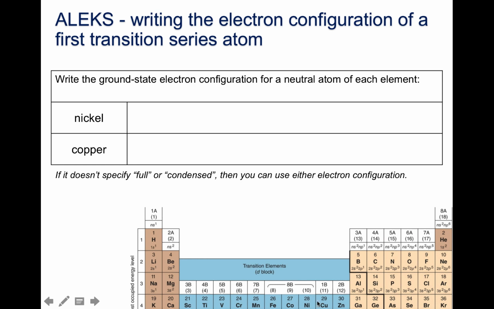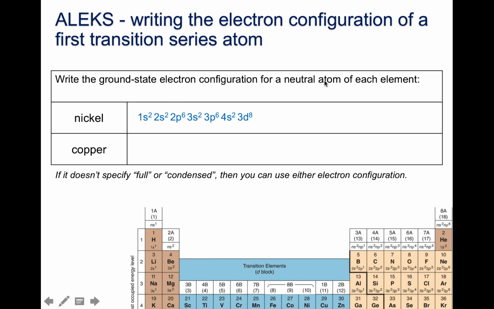Since nickel's not in that position, we can assume that it's going to fill in order like we're used to. So 1s2, 2s2, 2p6, 3s2, 3p6, 4s2 comes next, and then 3d, position number 8, so 3d8. This represents the full electron configuration for nickel.